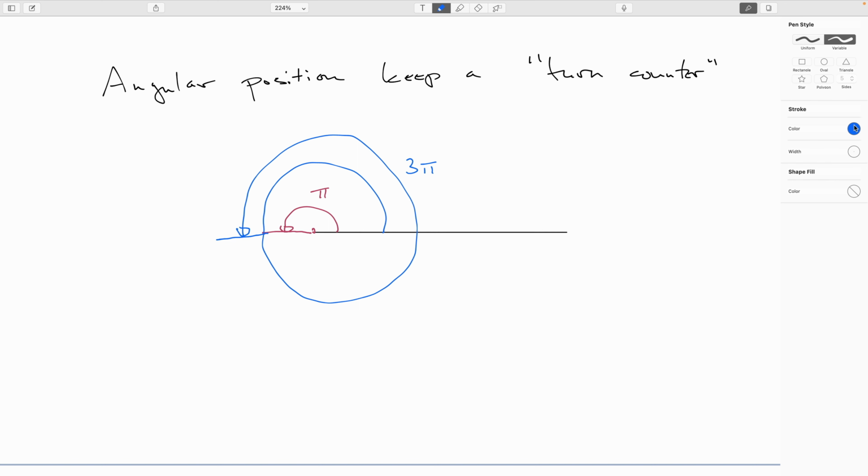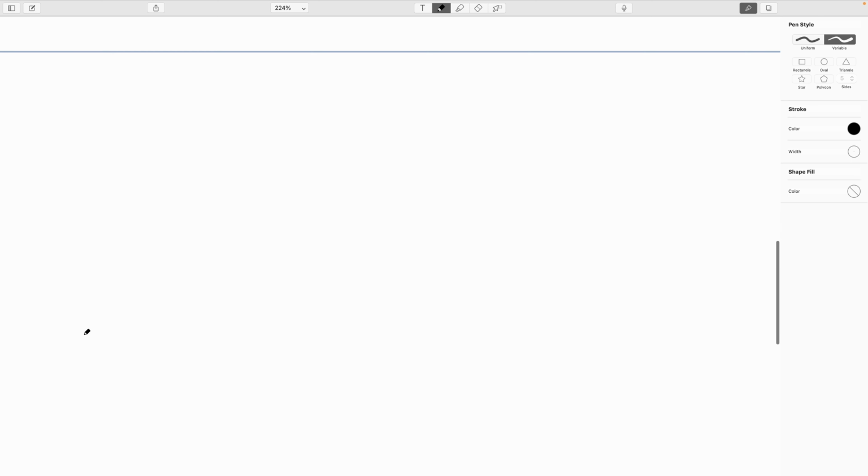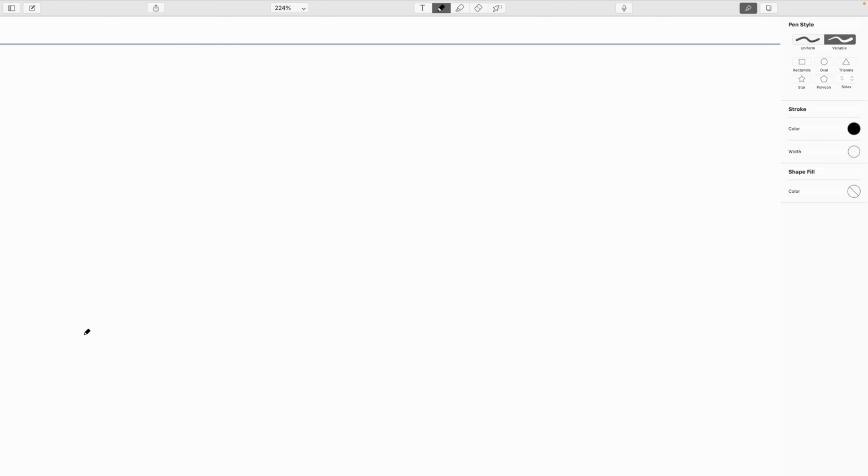So I've alluded to angular velocity, so now let's go ahead and define that officially. Angular velocity is the rate at which something is rotating.